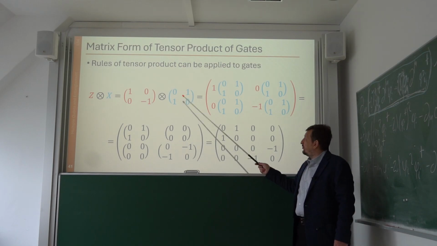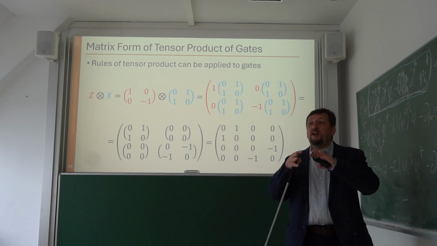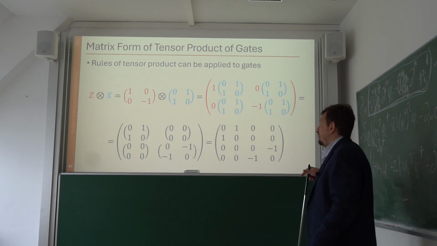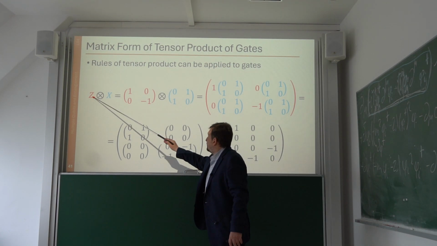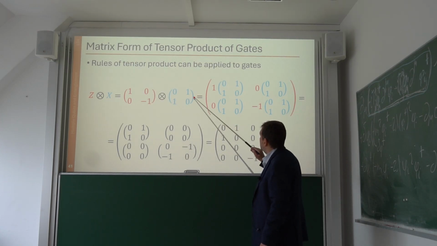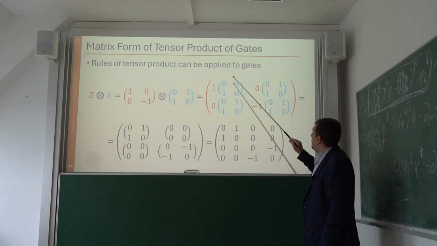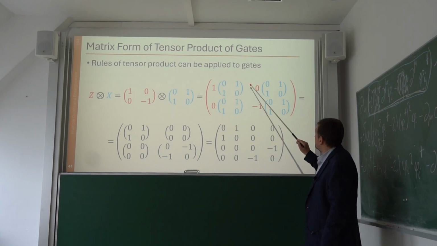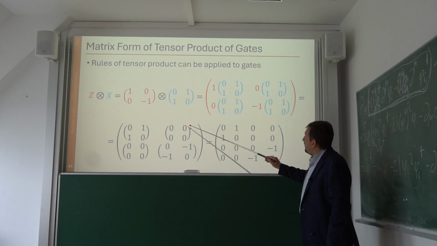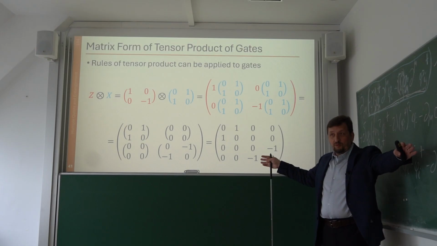We can also calculate this tensor product of gates as a matrix, again following the same rules for the tensor product. This is the matrix for Z, this is the matrix for X, so we move the rightmost matrix inside, and we get a situation like this. We multiply these matrices by these numbers and remove the inner parentheses, and we get a 4 by 4 matrix.